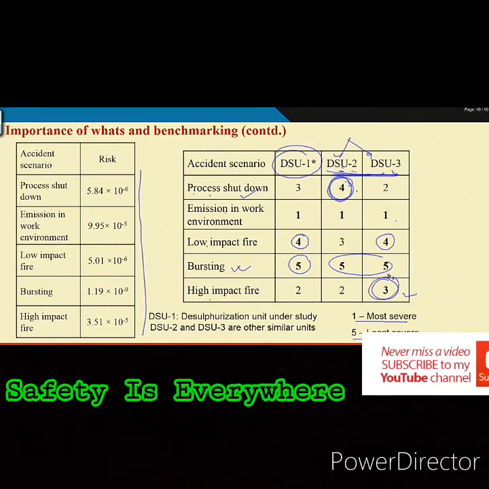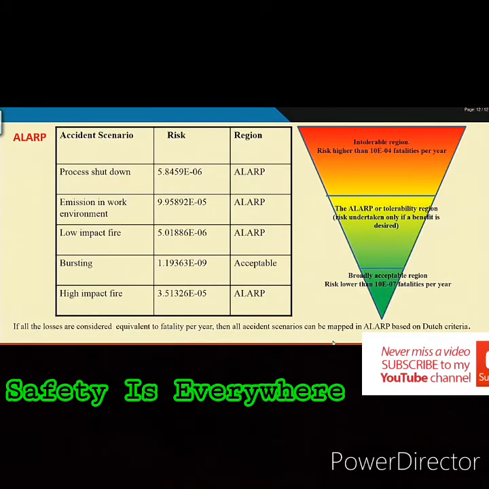This is one comparison, but you may go for the ALARP principle also, and then you check, with reference to all those accident scenarios, what is the status? They are in the ALARP region and acceptable. ALARP means the tolerable region.